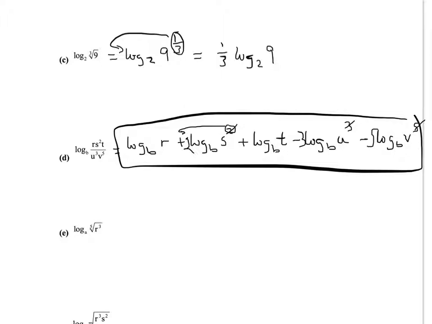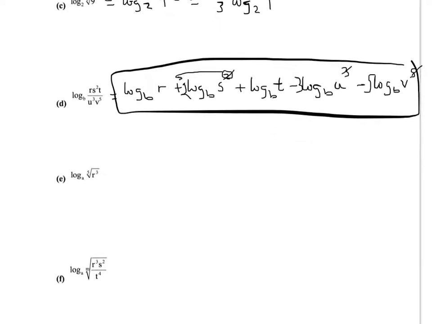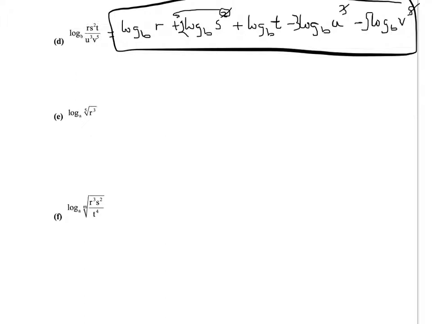One more example, and this one again has a radical, so what we want to do is rewrite it as a fractional exponent. Now it's r to the third, and then we're taking the fifth root of it. There's a couple of different ways you could think about it, but remember we said the fraction exponent means the denominator is the root, and then any other exponents would be in the numerator.